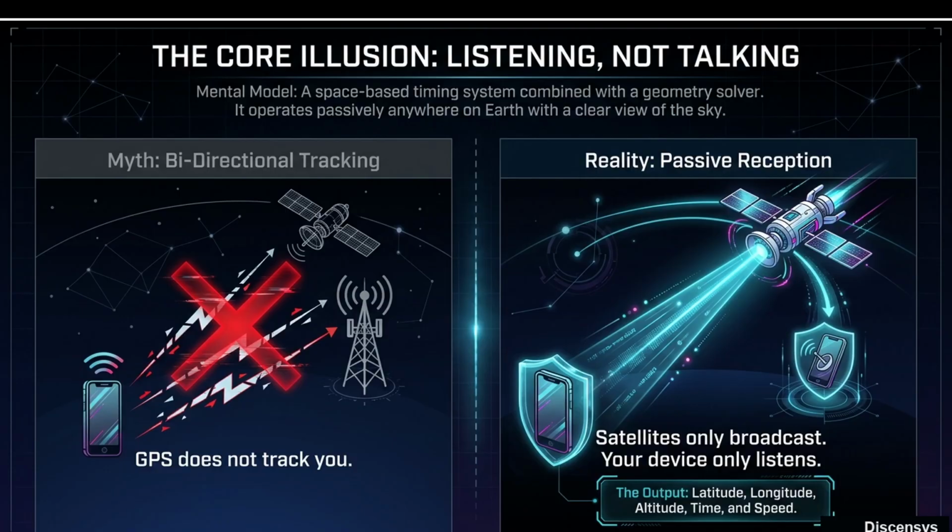So there is nothing tracking when it comes to GPS. What actually tracks us is the software which is installed within the phone for the global positioning system.